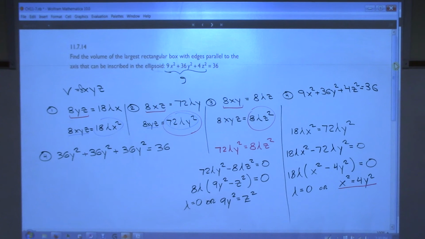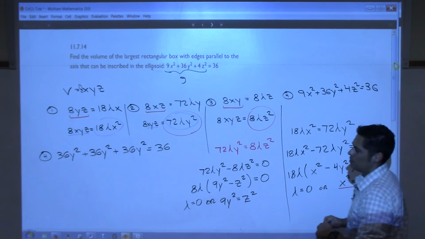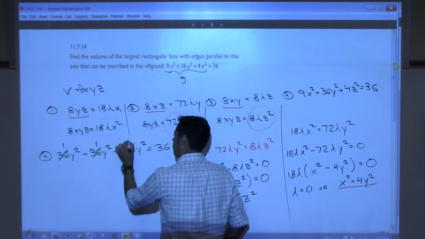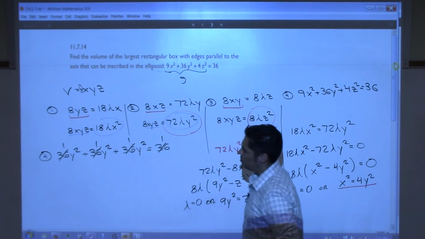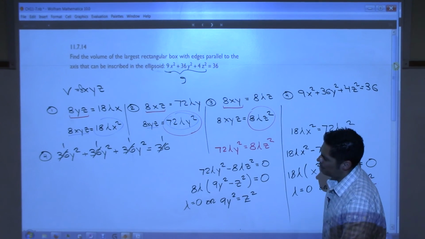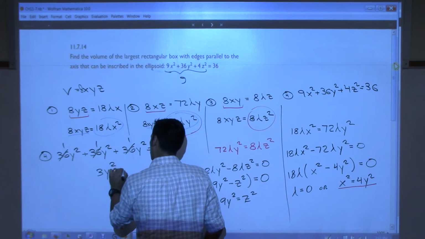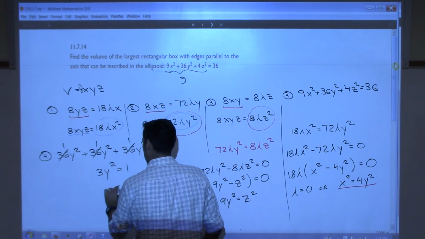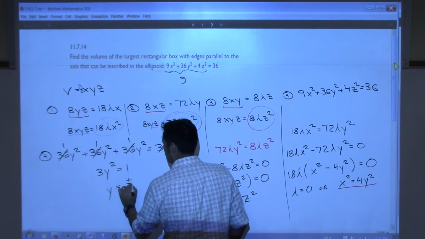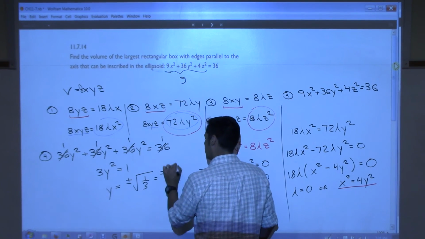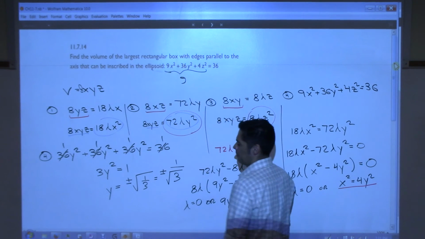Which means we can just divide everything by 36. So the 36s are gone and turn into 1s. How many y squareds on the left? 3 of them. 3y squared equals 1, which means y equals plus or minus the square root of 1/3, which is plus or minus 1 over root 3.